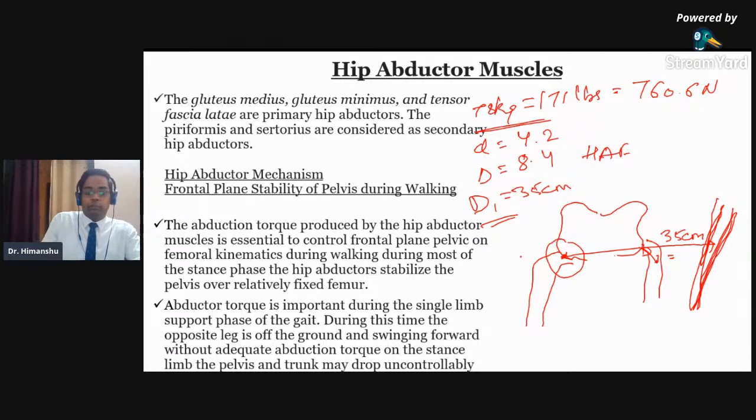Now when I talk about the hip abductor, the direction of force is downwards because it is trying to pull this up. Similar work is being done by the cane also. So it is also applying an anti-clockwise force, whereas the body weight is pulling it down. So it is applying a clockwise force.